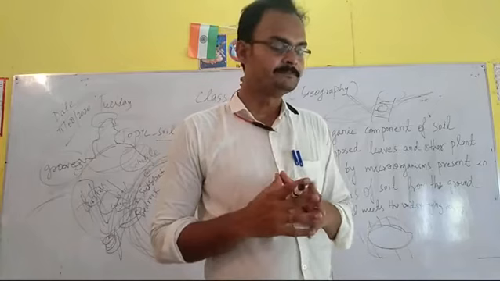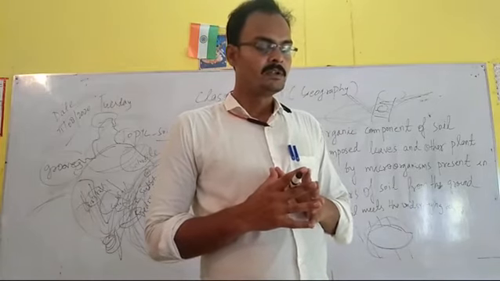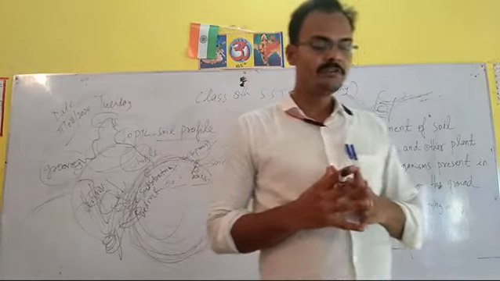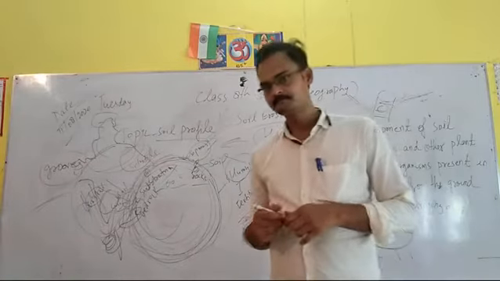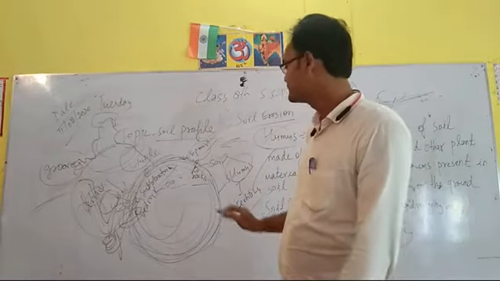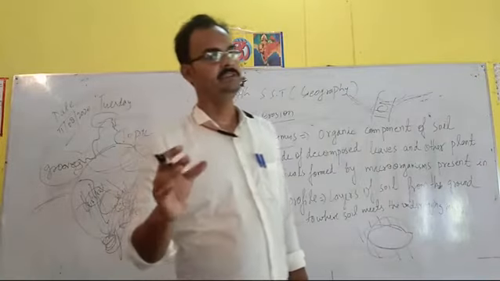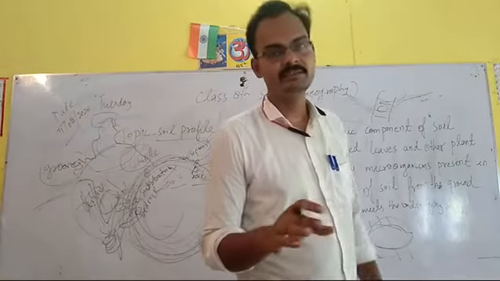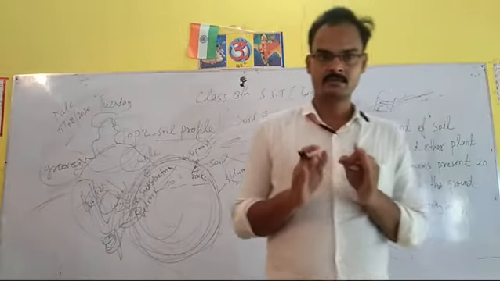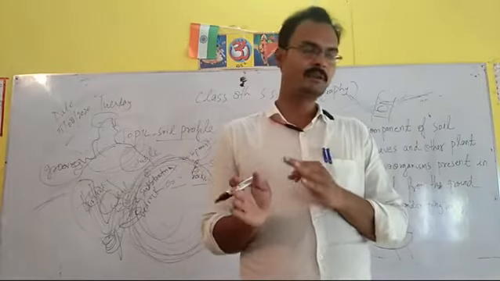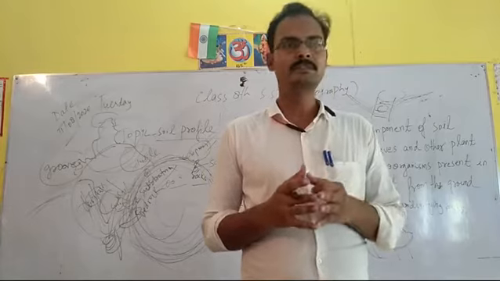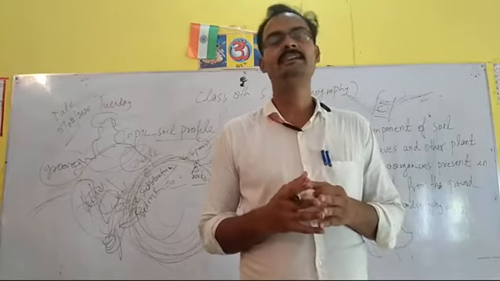And then deforestation and overuse of chemical fertilizers. So deforestation, students, two words are there: afforestation and deforestation. Afforestation means if we plant more and more plants, if we develop forest, if we increase forest, that is afforestation.